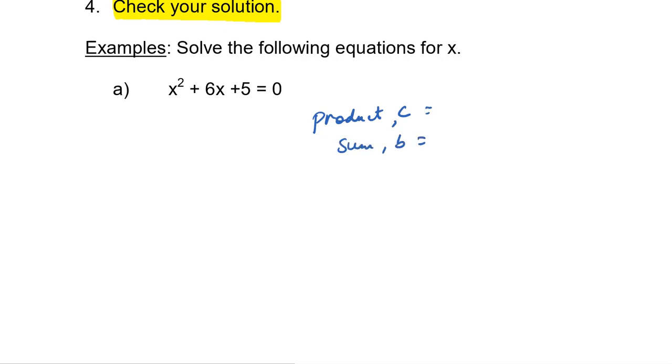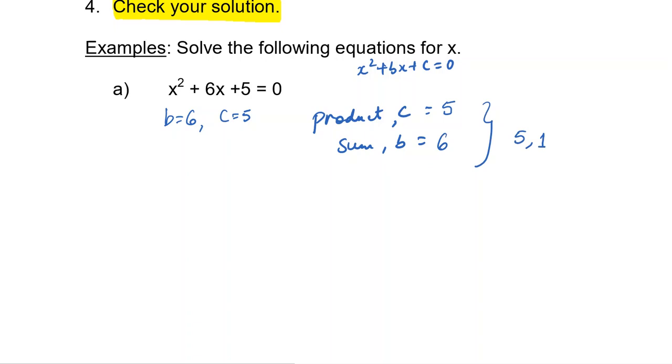So what are b and c in this case? If you compare it with x squared plus bx plus c equals 0, b is 6 and c is 5. So the product should be 5 and the sum should be 6. The magic numbers will be 5 and 1.